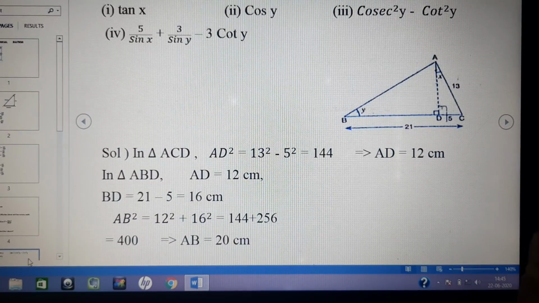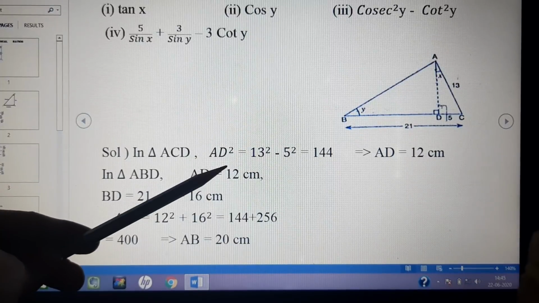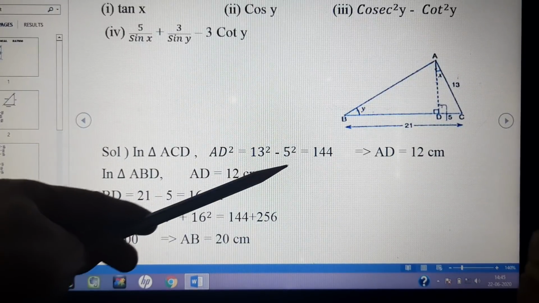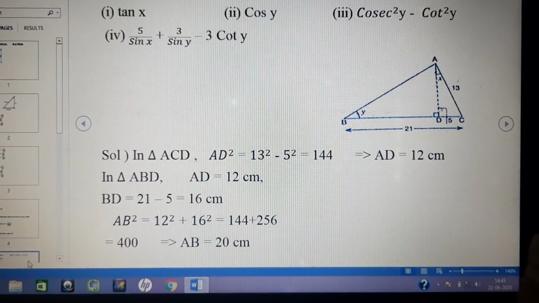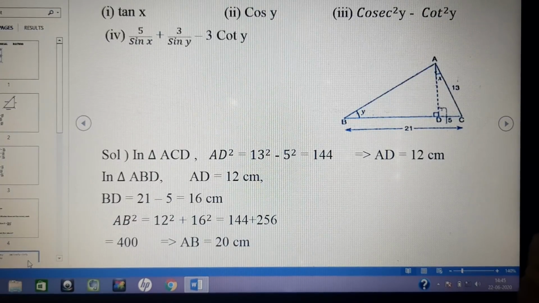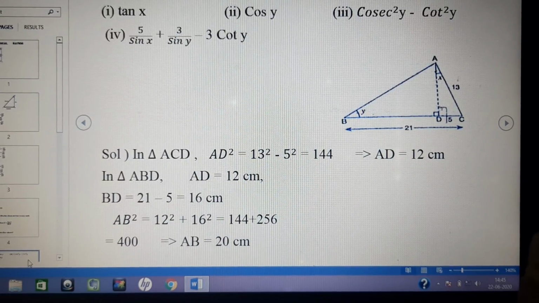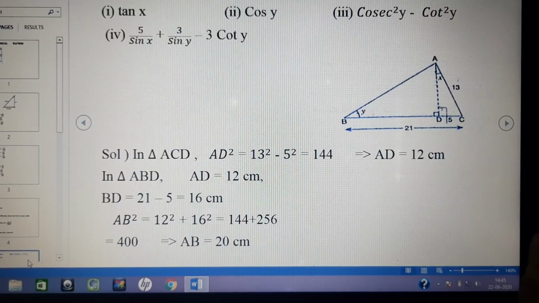So we have to find out AD. With the help of Pythagoras theorem, perpendicular square is equal to hypotenuse square minus base square. So it becomes 169 minus 25, that means 144, and AD becomes under root of 144, that means 12. We are taking only positive values because the length of a side cannot be negative. That's why we have ignored it.